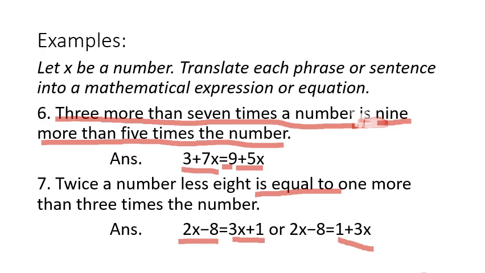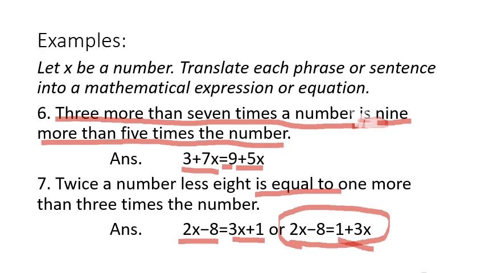Pero kung ako ang papipiliin, it is better since translation lang to, hindi pa tayo nagkakaroon ng simplifying ng mga expressions and terms, this would be the better answer. As in, kung ano yung order ng pagkakasabi doon sa expression, yun din yung susundin natin.